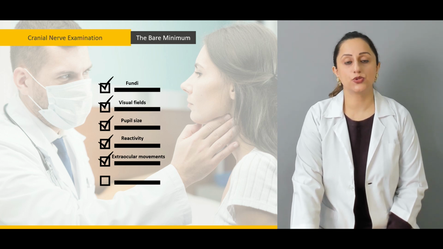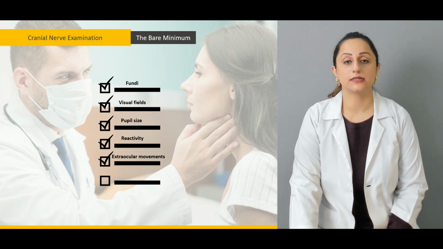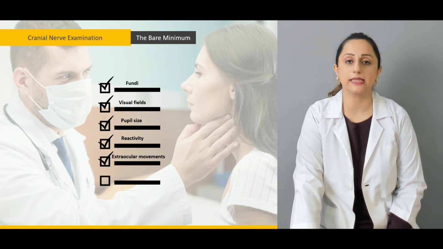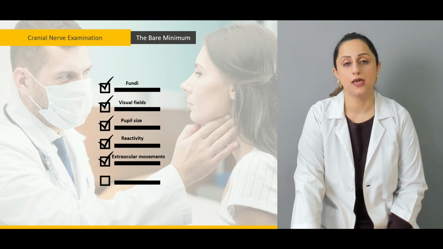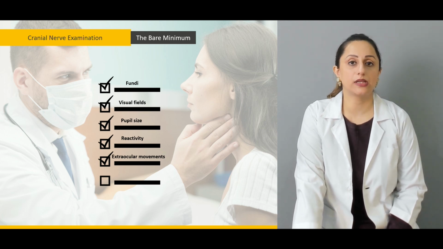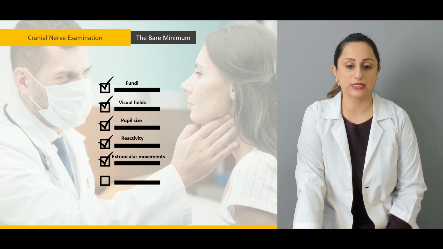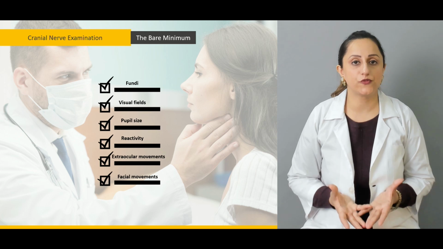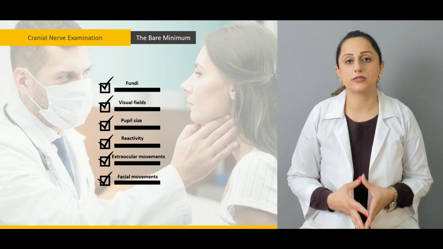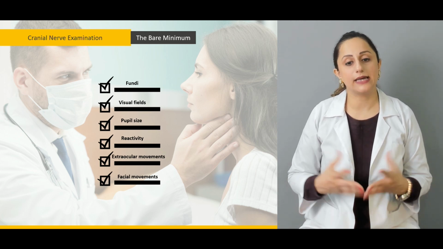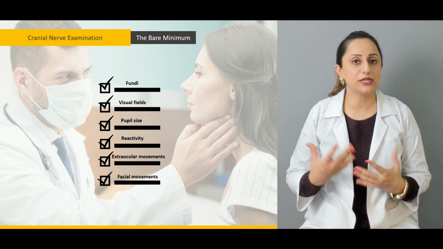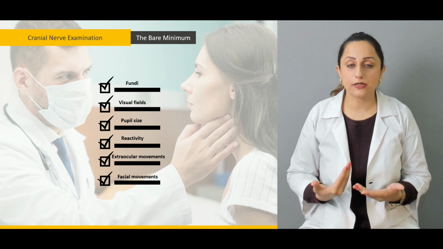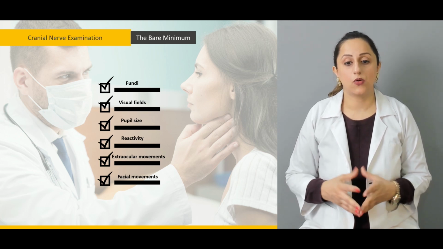Asking the patient to look into the 6 cardinal directions is how you monitor the extraocular movements, and this is one way of also checking 3 most important cranial nerves, that is the third, fourth, and sixth cranial nerves. And then obviously normal generalized facial movements: ask the patient to chew, ask the patient to blow, and that is basically going to show if the patient has some sort of weakness on a particular part of the face or not.